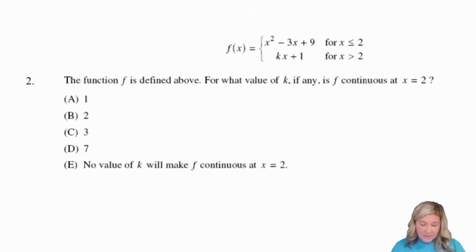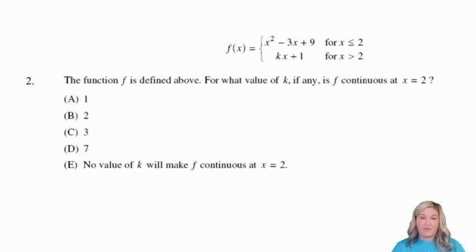All right, I think these are a little challenging, maybe not, but these are the ones I find kind of challenging. You're really tying a lot of things together with your calculus in this. So the function f is defined above. What values of k, if any, make f continuous at x equals 2?